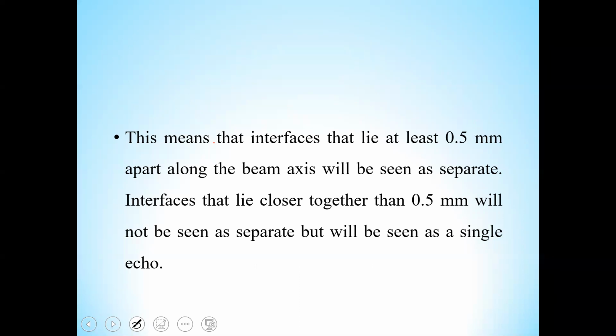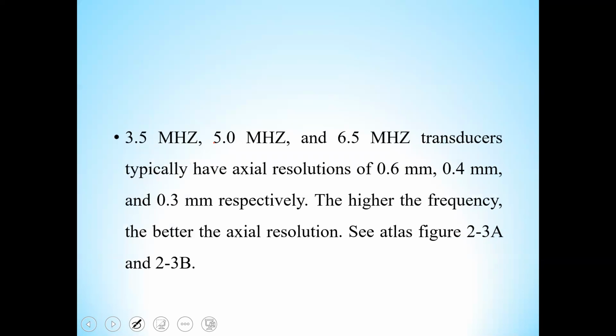But if any two structures are placed at a distance less than 0.5 mm, then your machine will not be able to differentiate or separate them from each other. That is because that is not the axial resolution of your machine.